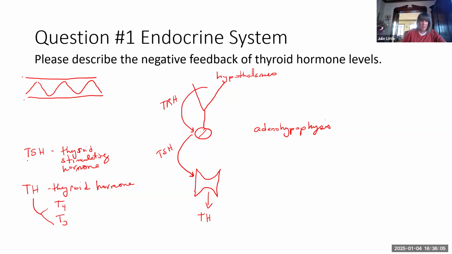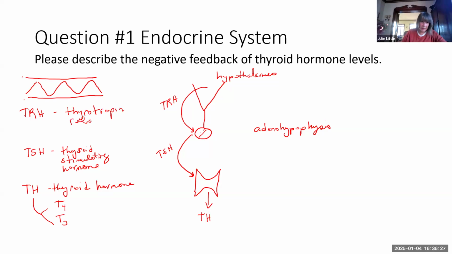TRH. TRH stands for thyrotropin releasing hormone, because it is a hormone that acts on another gland. It specifically acts on the cells in the pituitary that make this TSH. So it's called thyrotropin releasing hormone.